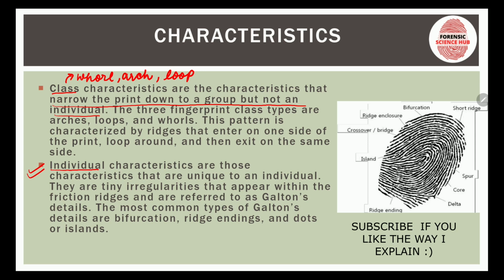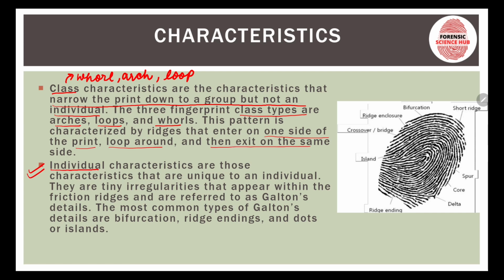So in class characteristics, the three fingerprint class types are the arches, loops and whorls, as I've already told. The loop pattern is characterized by ridges that enter on one side of the print, loop around and then exit on the same side. This is an example of how a loop looks. Then we have different types of arches and different types of whorls as well.